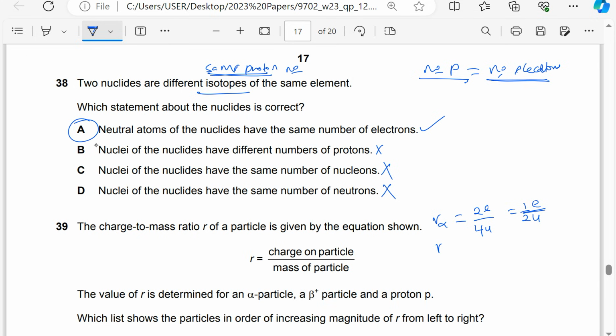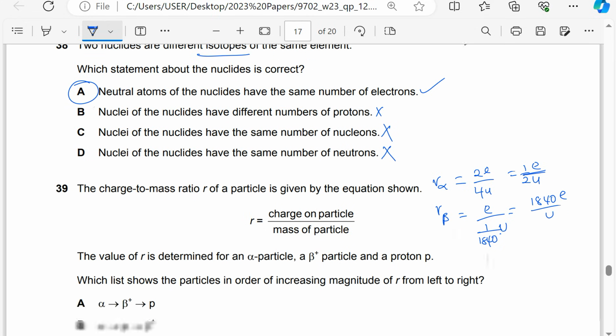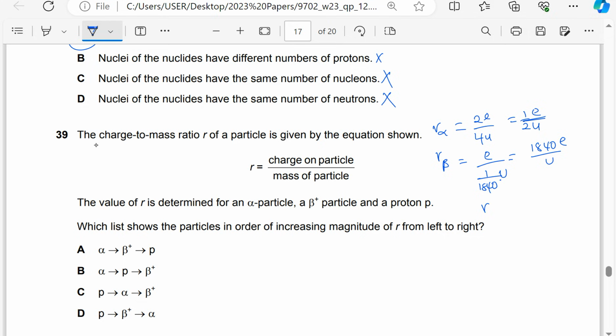Then R for beta. The charge of beta is negative e or positive e. The mass of beta is 1 over 1840 times u. So this gives me 1840 times e divided by u. Then R for a proton. The charge of a proton is e.